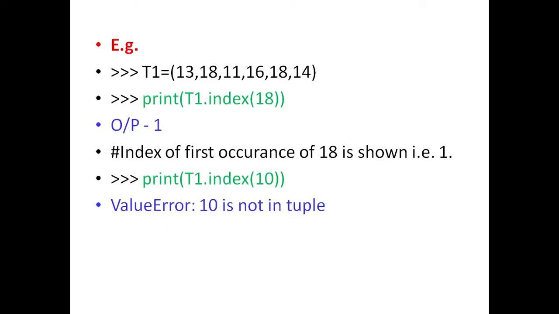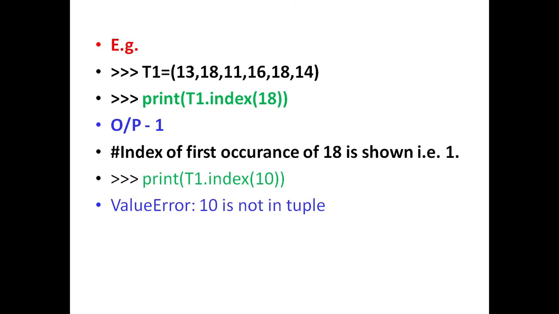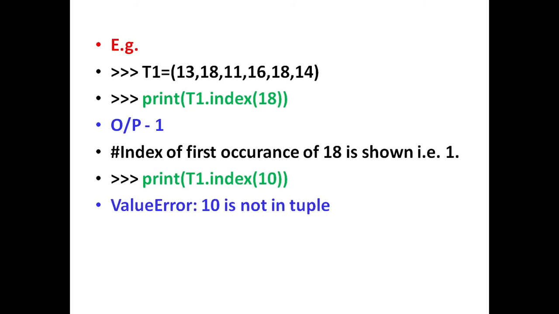For example, if a tuple is defined with elements 13, 18, 11, 16, 18 and 14, and if we print t1.index(18), it will give output 1, since the index of the first occurrence of 18 is 1. And if we print t1.index(10), it will give a value error since 10 is not present in the tuple.